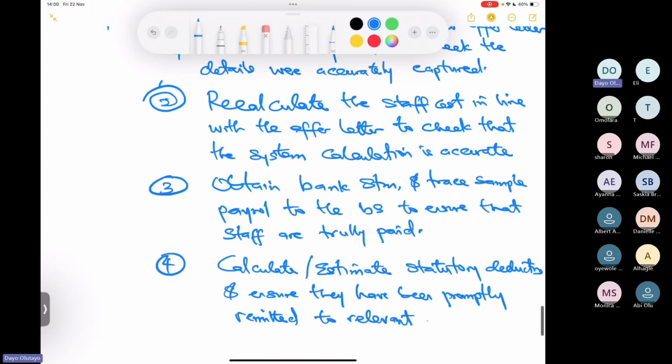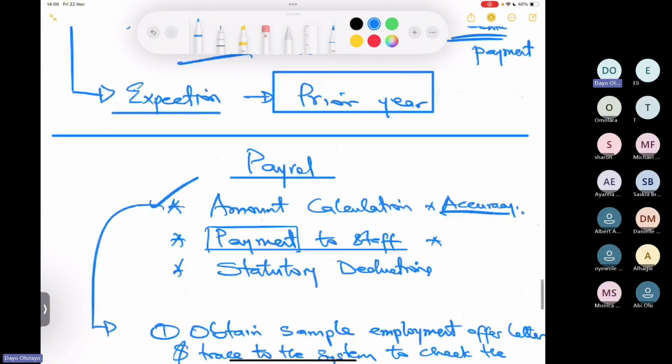Very important. So it's very important that you are able to break down payroll like this.